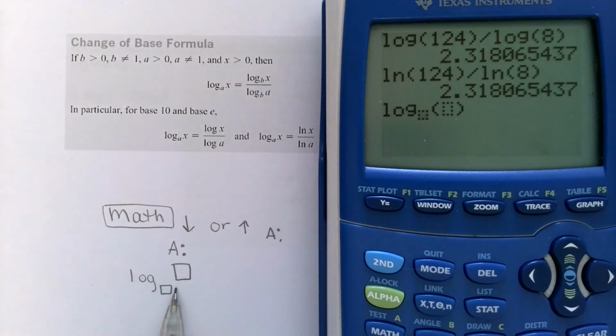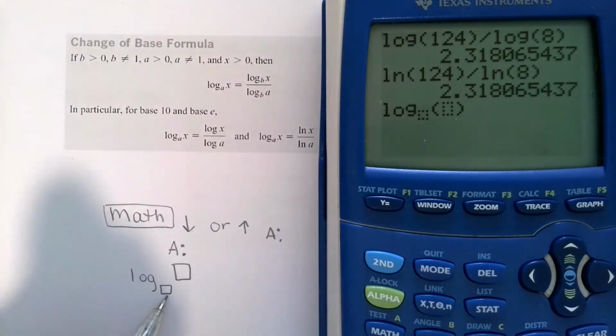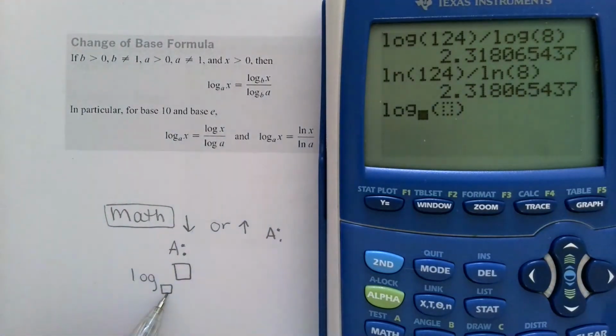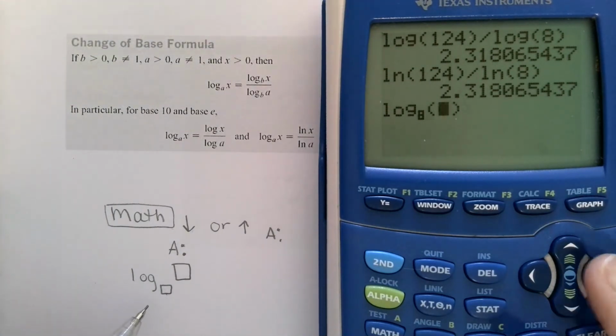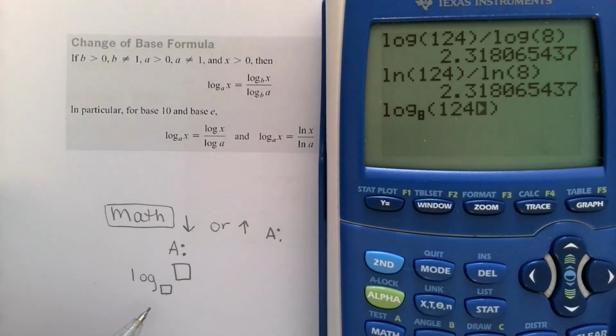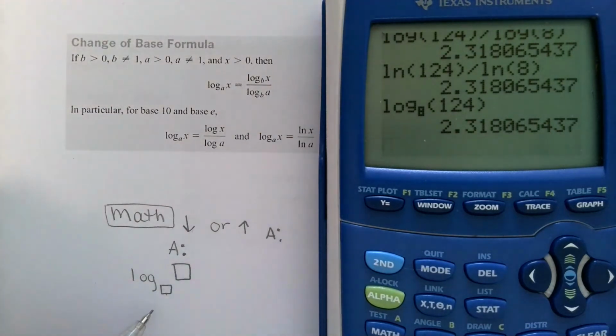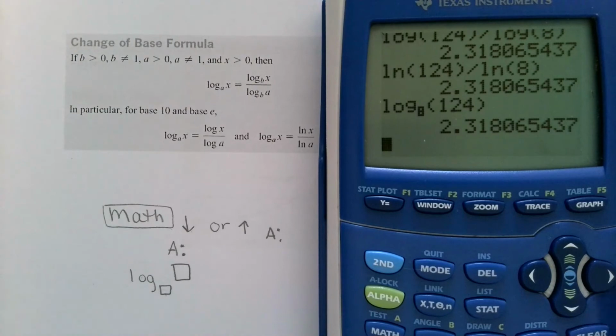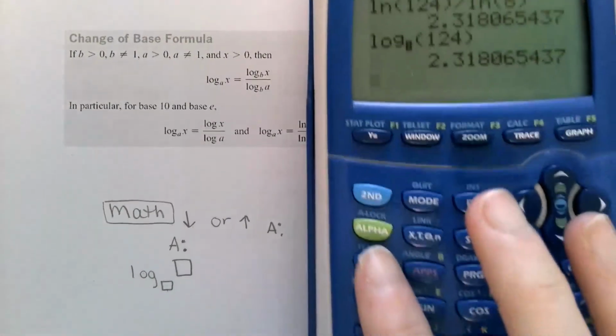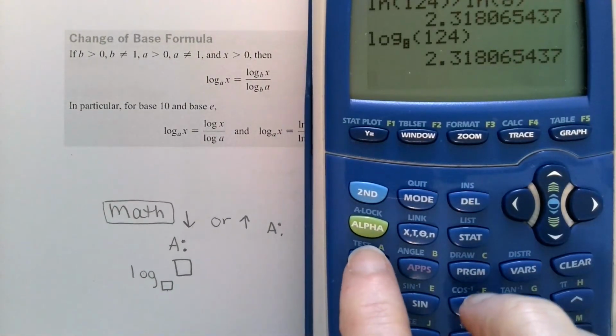So I could find this value by putting in a base of 8. And then in the argument space, I would put the 124. And it would give me the 2.3. Again, let me show you the steps. I went to the math key, which is right here.